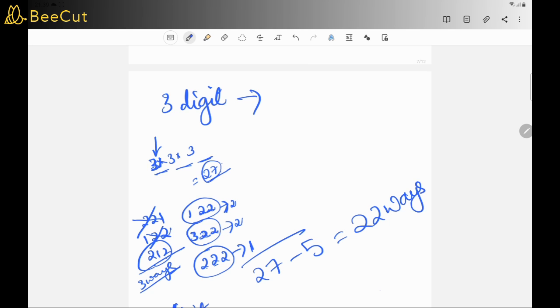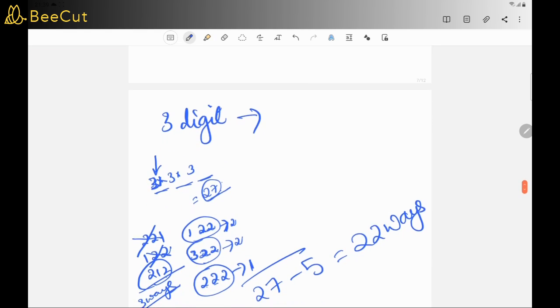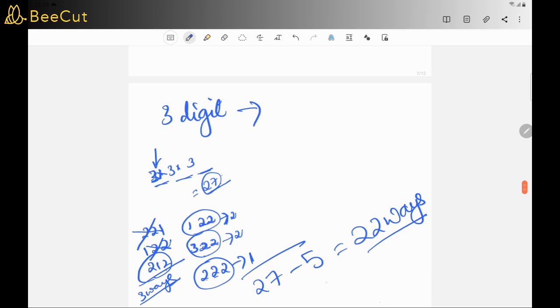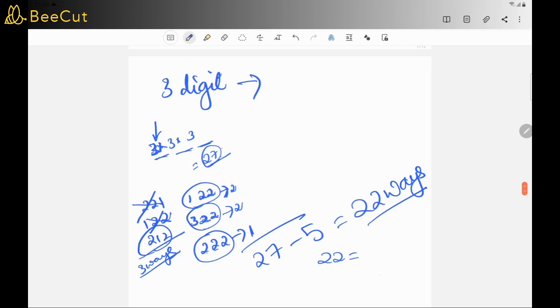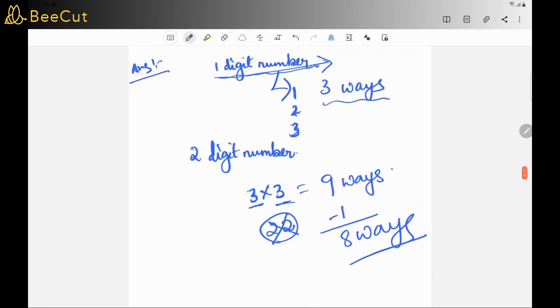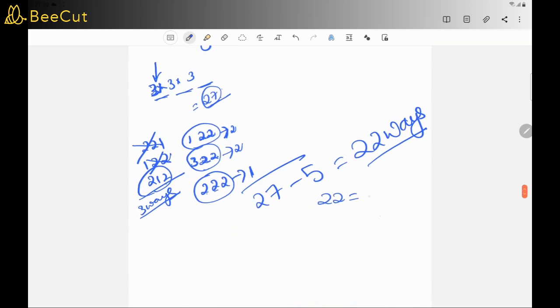Now let us look at this series. So what is 22? 22 is nothing but twice of 3 plus 8. That is, the third term in the series is twice of the first term plus the second term.